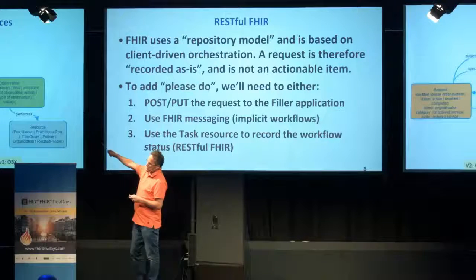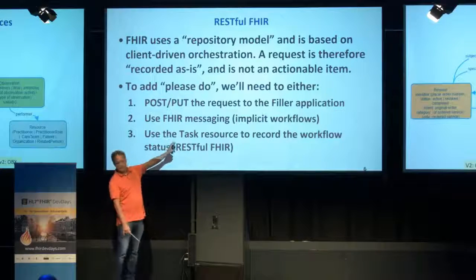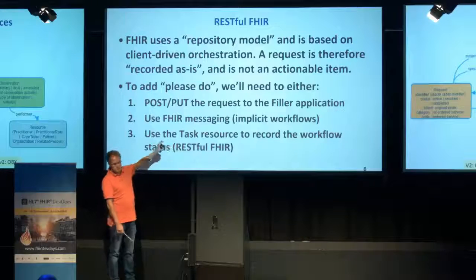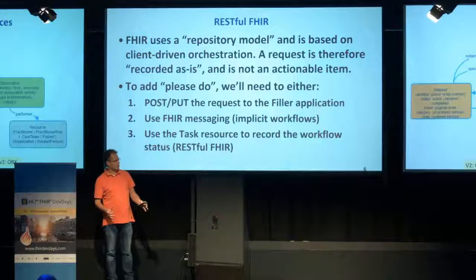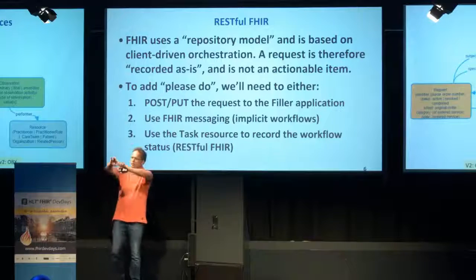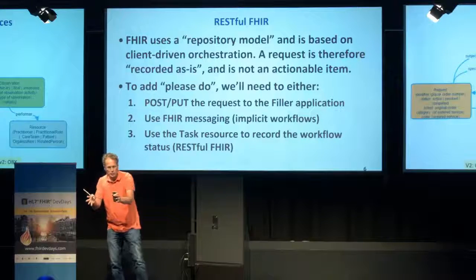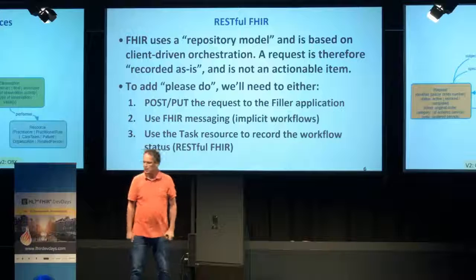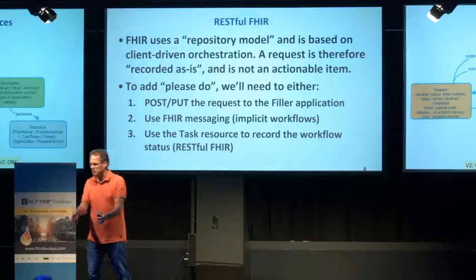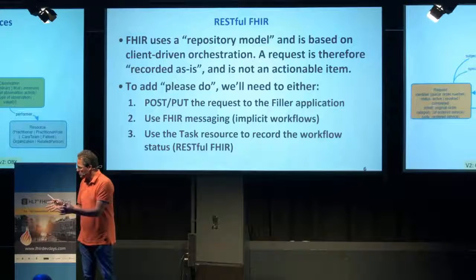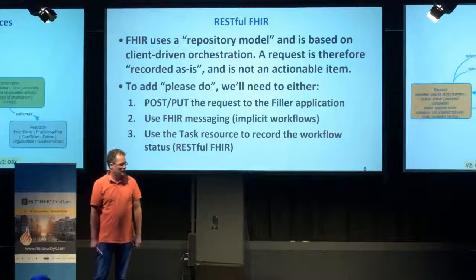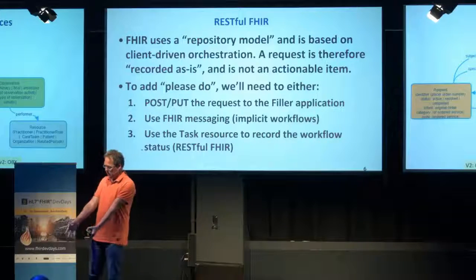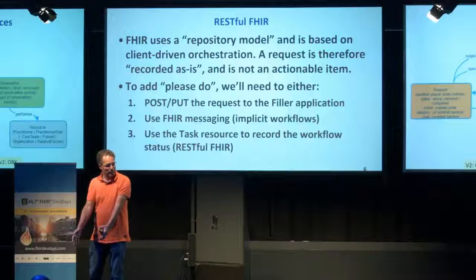Now we have resources, but RESTful FHIR is all about a repository model. It's about archival, more or less. If I capture the details of a request, of an order, and store that in an archive, it's like storing a PDF. Let's say I have a prescription in a PDF format, and I store it in an archive. Then, okay, it's sitting there. It's a nice record that there has been a prescription at one point in time.